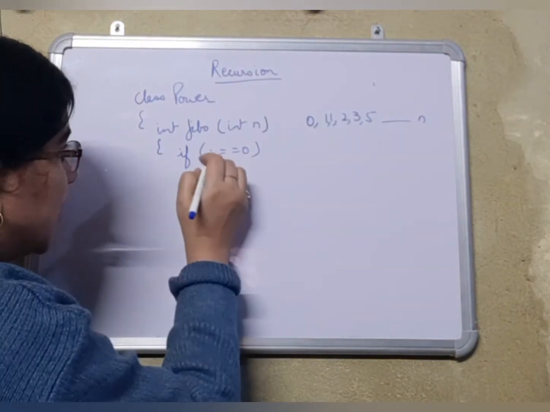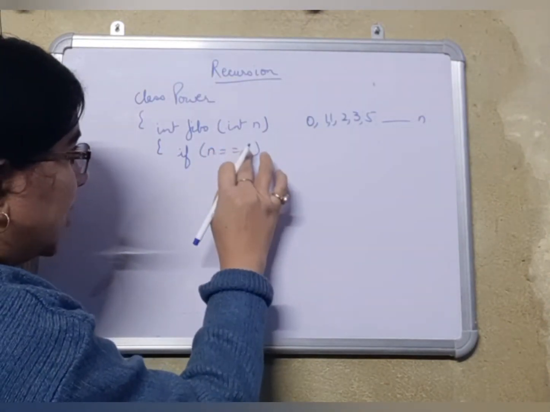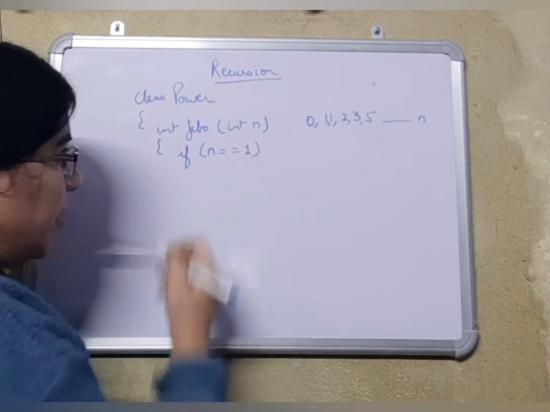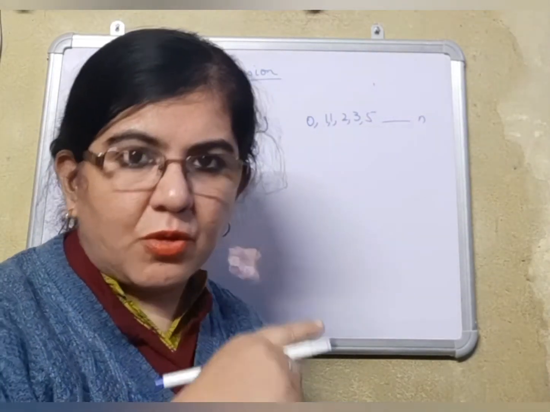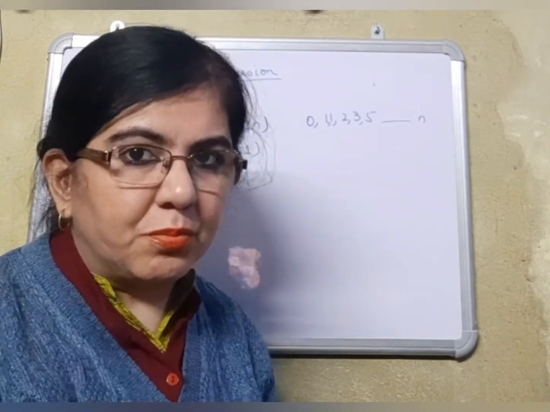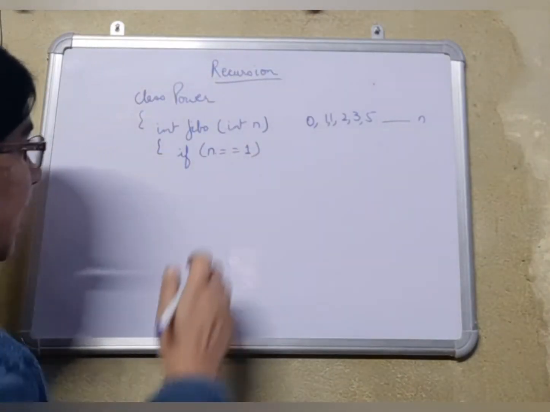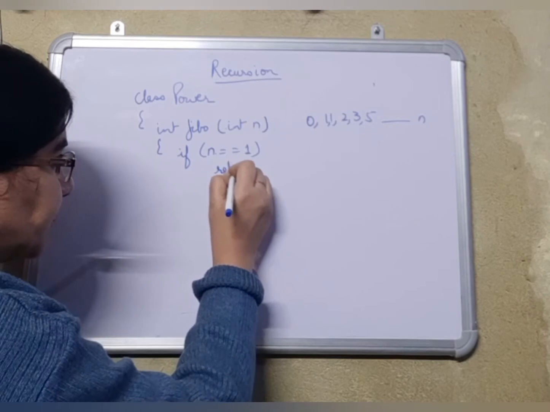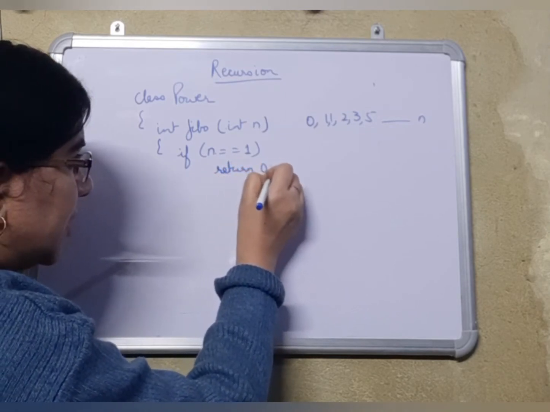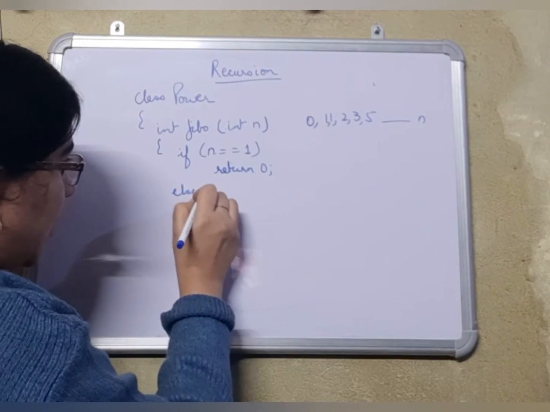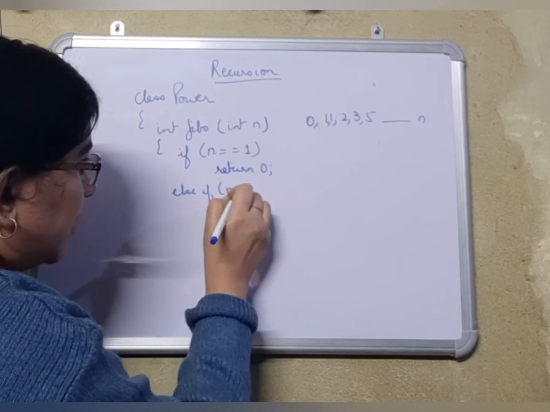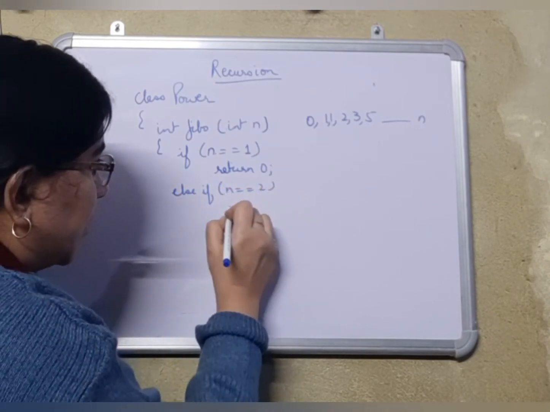So let's see. Here n has been received. We are checking if n is 1, because we'll be sending from the for loop 1. From 1 till the limit we'll be running a loop. So if n is 1, we'll be returning 0, because the first term of our series is 0. Then if 2 is being given into this function, we'll be returning 1.